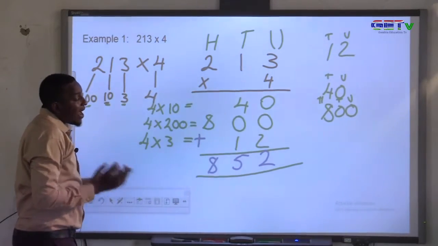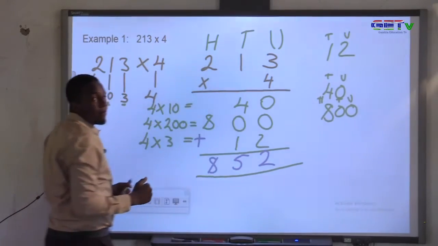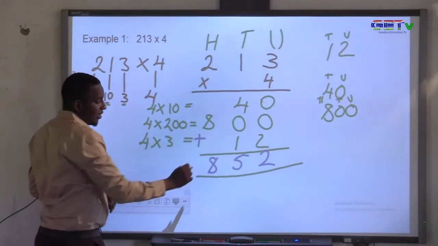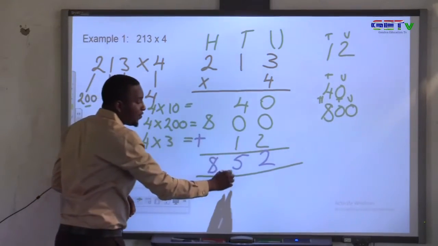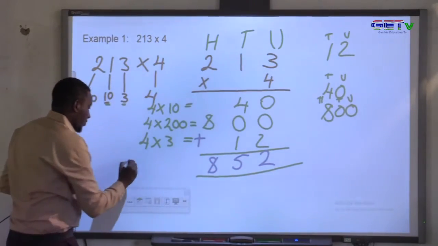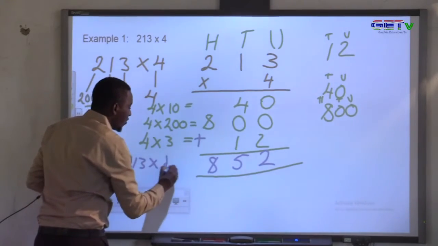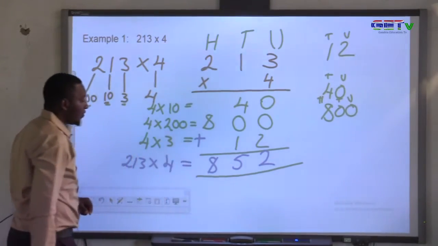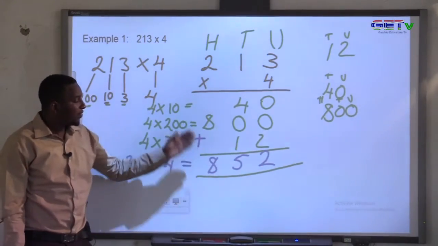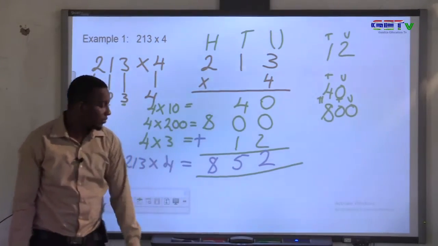So our answer here, after multiplying 4 by 213, is 852. Looking at the question, we have 213 multiplied by 4. The answer will give us 852. Here we have 8 hundreds, 5 tens, and 2 units.